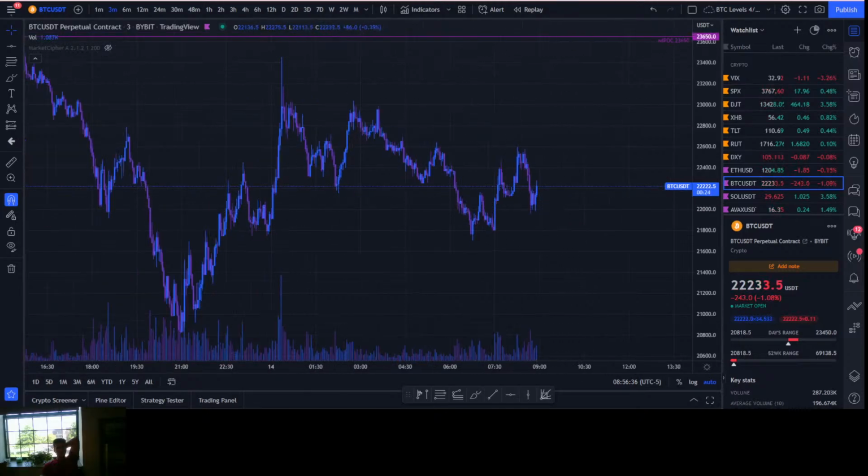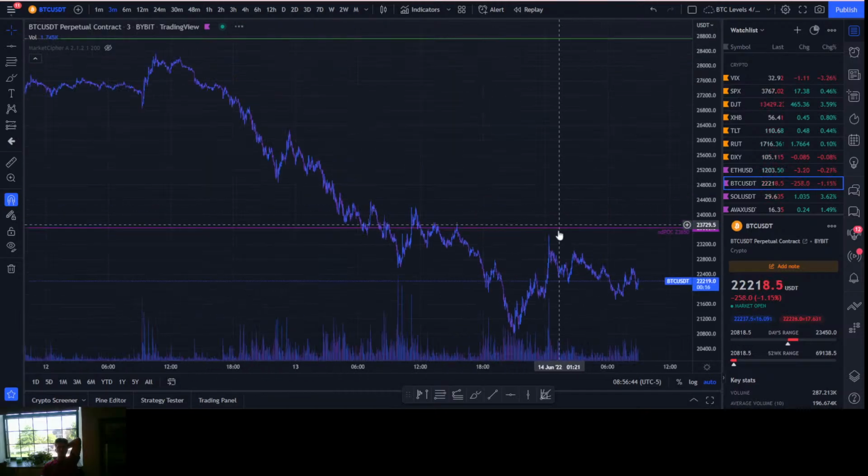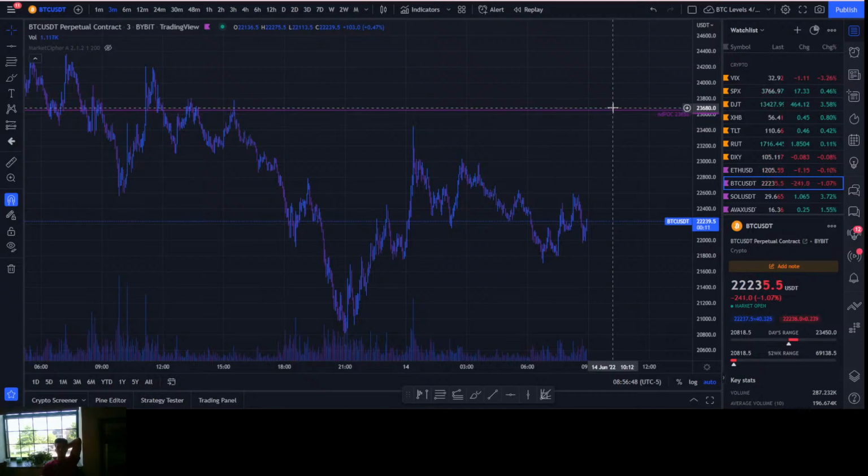I wouldn't be surprised if we come up and retest this wick up here towards the naked daily point of control. Again, just a resistance, so we could get a Wednesday dump down.